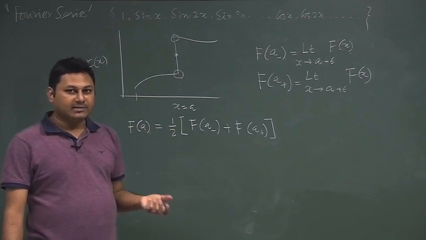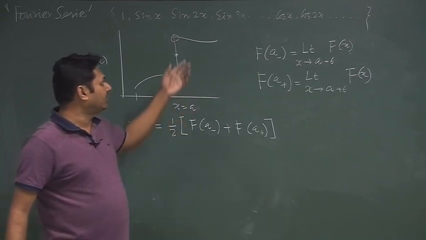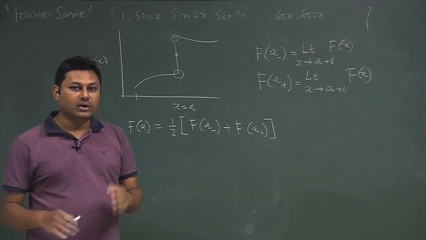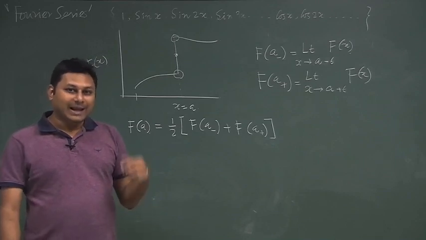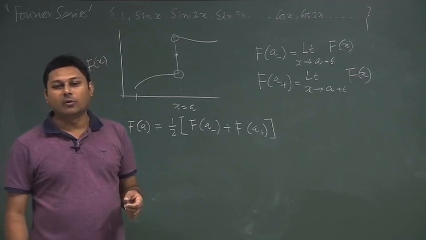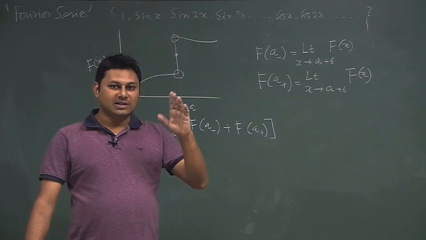If I take a sufficiently large number of sine and cosine terms, even though they are sinusoidal by themselves, as a linear combination they can form a function which is not sinusoidal at all, like a straight-line kind of function.